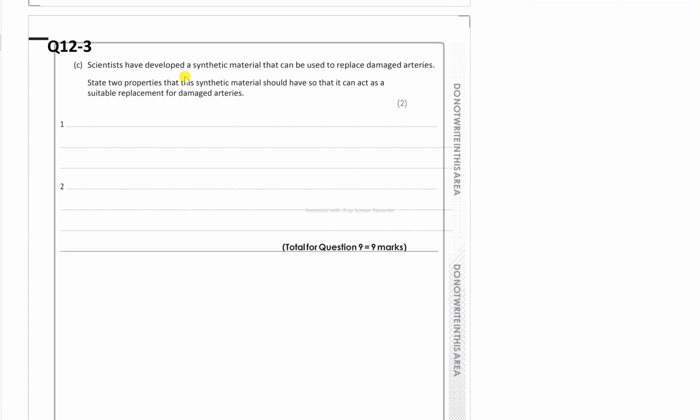Right, scientists have developed synthetic material that can be used to replace damaged arteries. Two properties. So it should be able to withstand high pressure. It should be elastic, so when it expands, it comes back to return to its original shape.